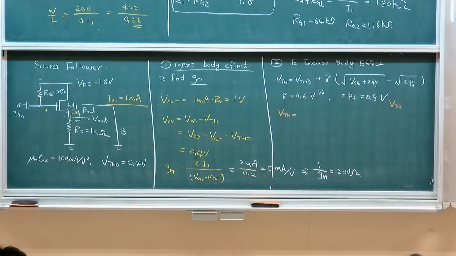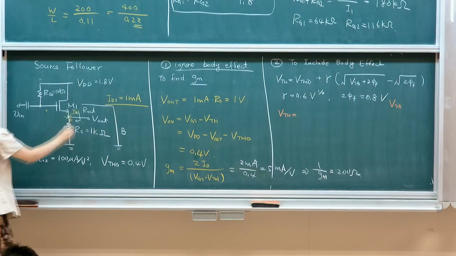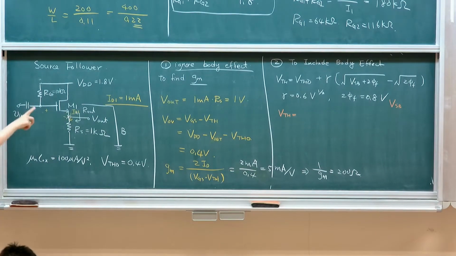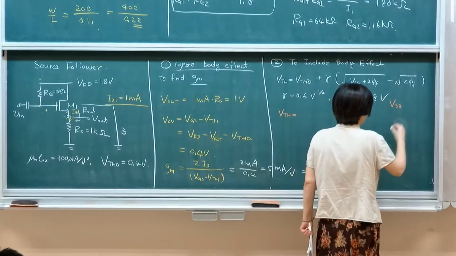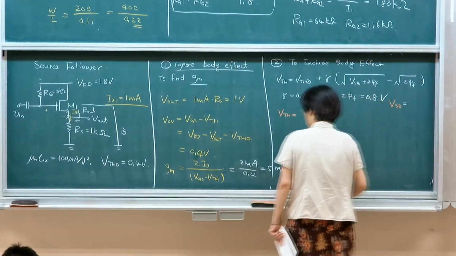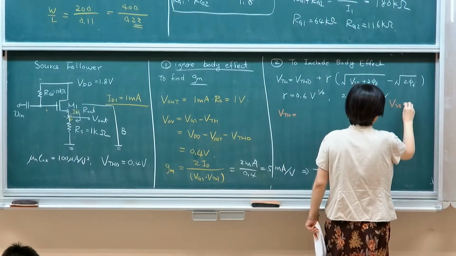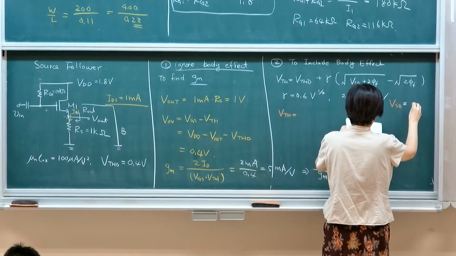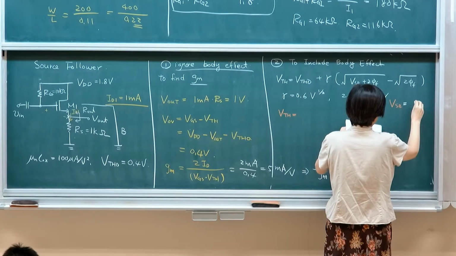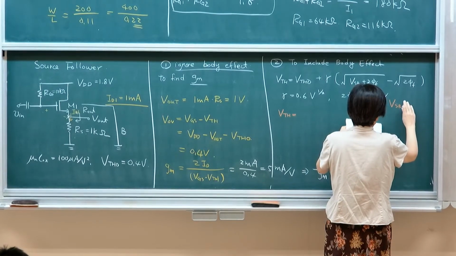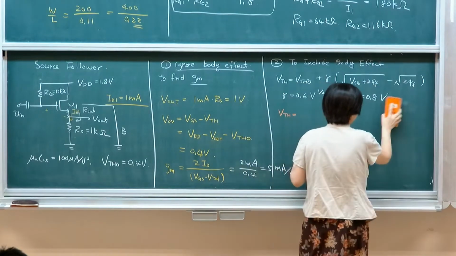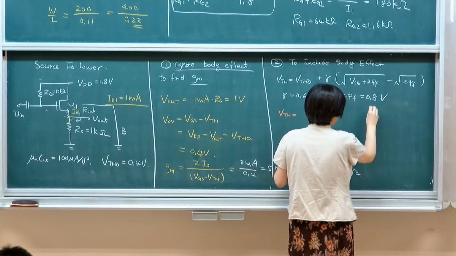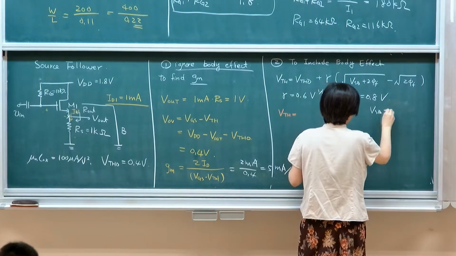So I know that body is ground, source is at 1 volt by this setting. That is to say, VSB equals 1 volt.